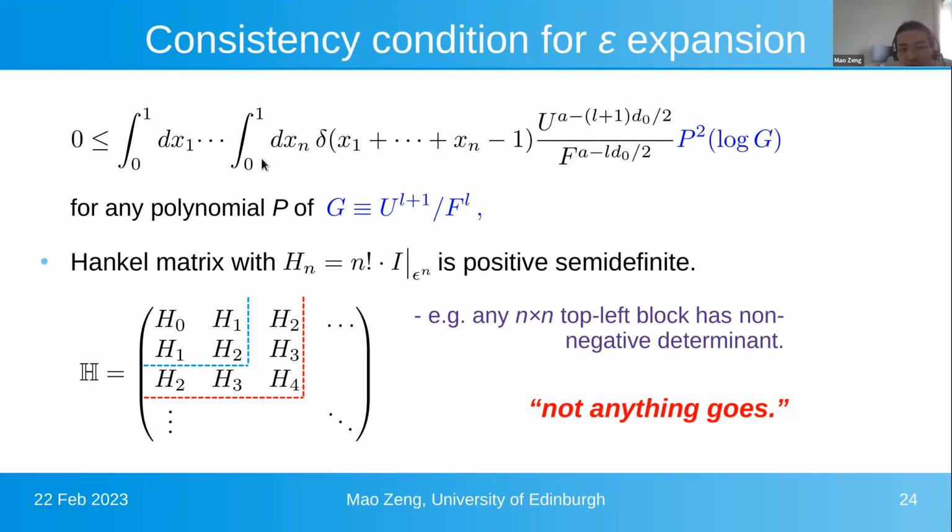For example, if you take any n by n top left block of this matrix, for example, if you just take this 2 by 2 block, then you only look at the zeroth order, first order, and second order in your epsilon expansion, and this matrix must have a non-negative determinant, and actually all the eigenvalues must be non-negative. So this is the generic constraint we have on the epsilon expansion. And the constraint is extremely generic.